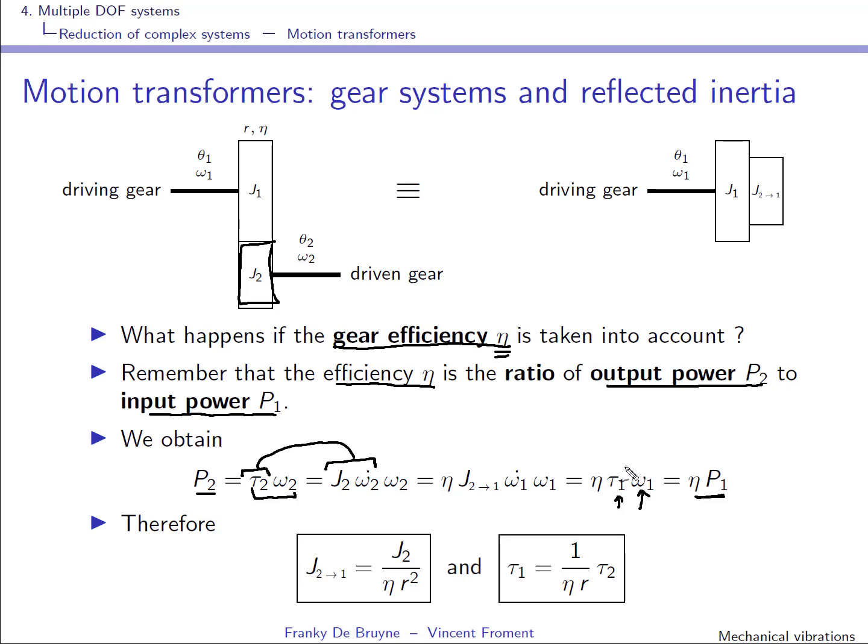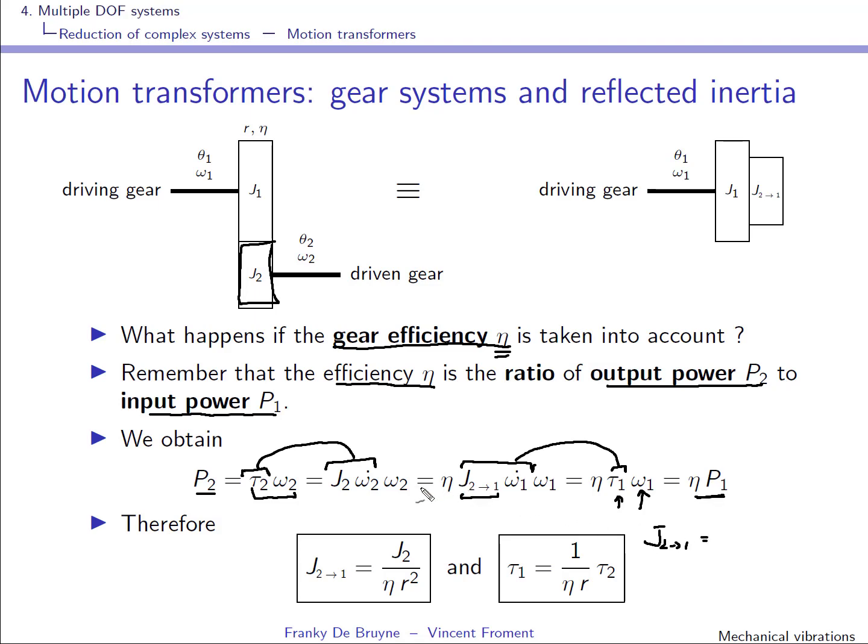This one we can write down as this thing here, and so this is my inertia at the output reflected back at the input times the rotational acceleration at the input. So now everything is ready to isolate this one: the moment of inertia at the output reflected back at the input.